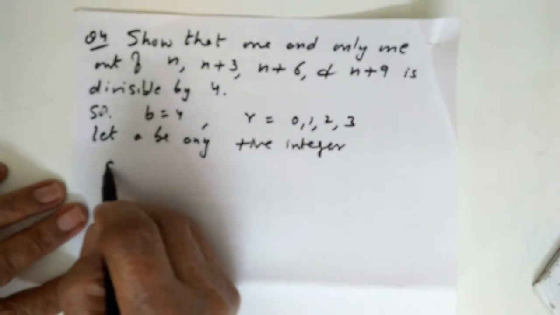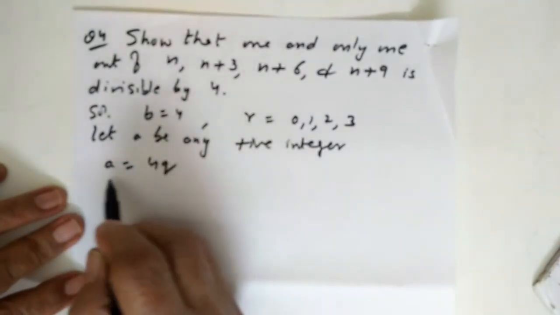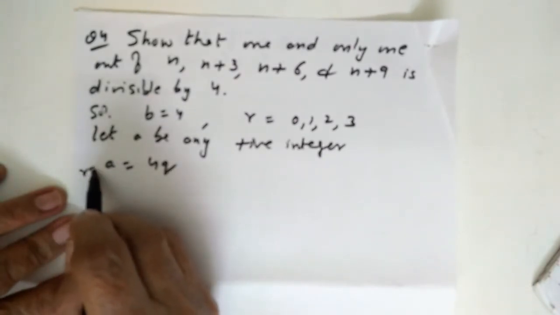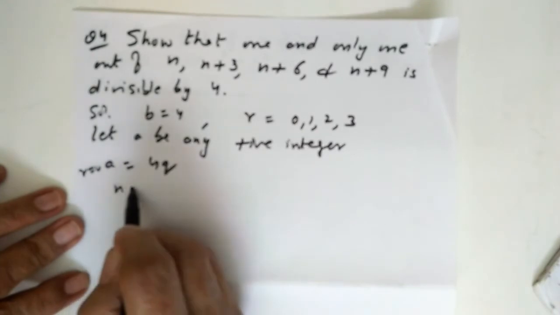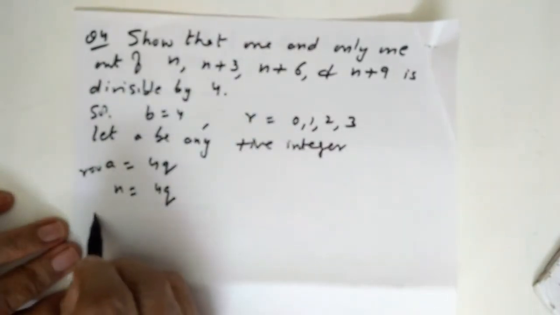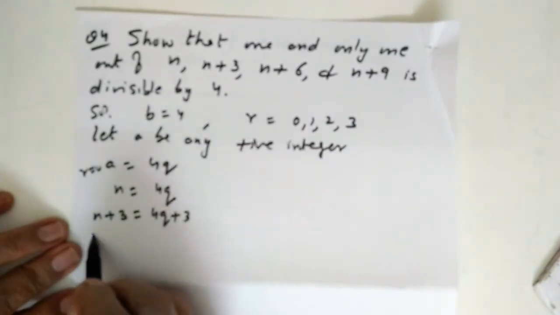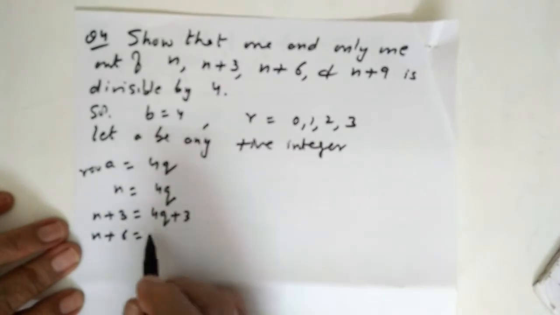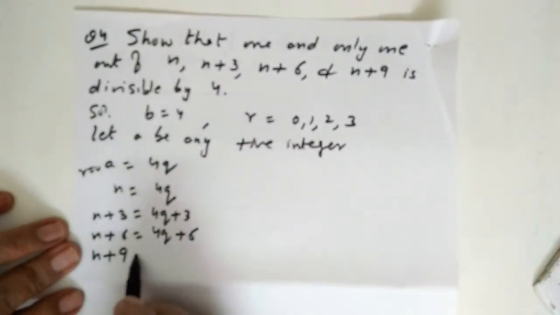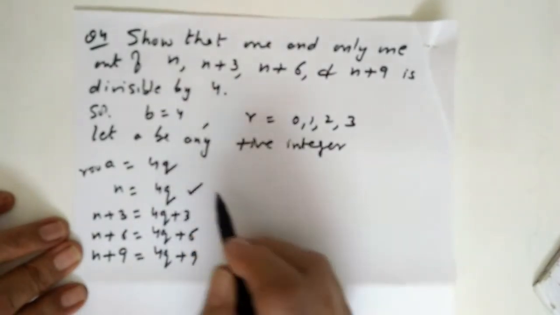Now n is equal to 4q, when remainder is 0. Then n plus 3 is equal to 4q plus 3, n plus 6 is equal to 4q plus 6, n plus 9 is equal to 4q plus 9. This is divisible by 4.